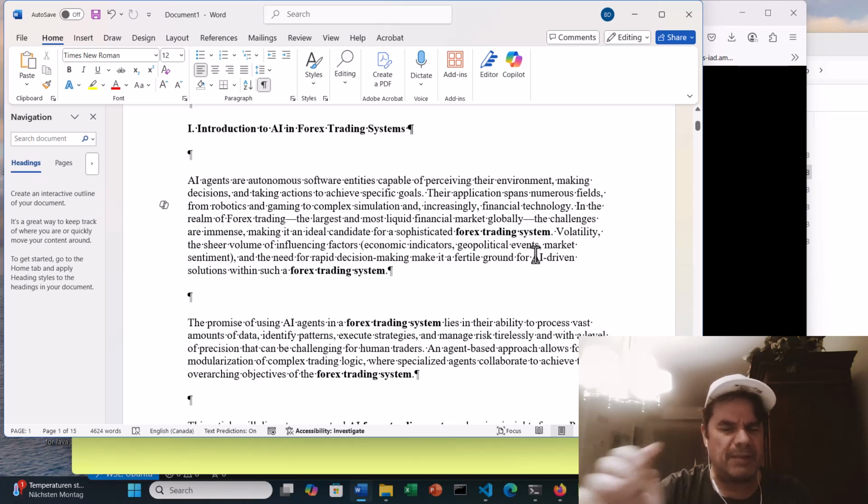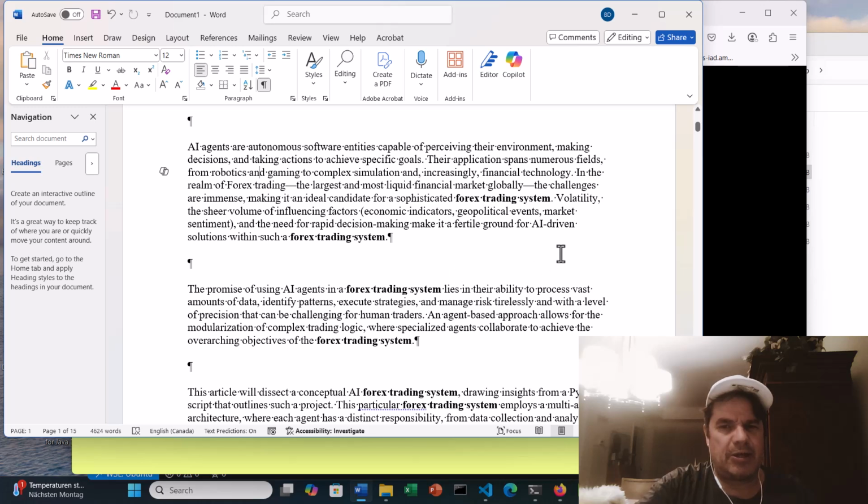My question becomes: will this be the future of trading platforms, using this kind of architecture, or at least the reasoning and rationale behind it? Volatility, the sheer volume, influencing factors, economic indicators, and the need for rapid decisions make it fertile ground for AI-driven solutions.